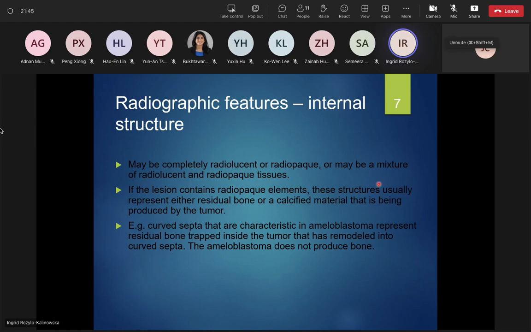Some tumors, like ameloblastoma or myxoma, form septa, and the septa represent residual bone which is trapped inside the tumor and has remodeled into curved septa. Ameloblastoma itself is a tumor that does not produce bone on its own.